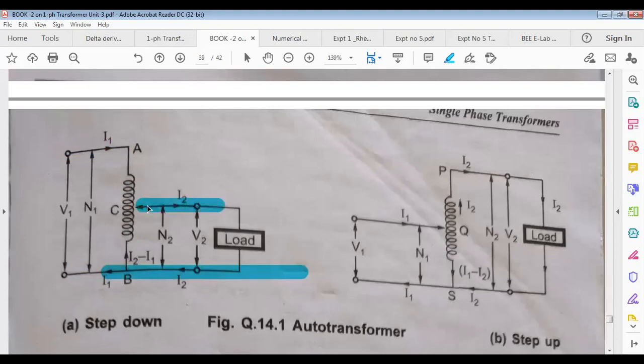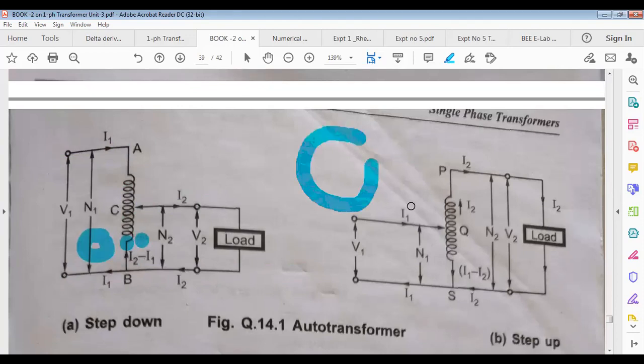Initially this variable point is at position O. Consider this one point I am putting at the lower one, I am going to mark it as point O. On this auto transformer, on its body, one black color circular knob is there. This knob you can rotate in the clockwise direction.